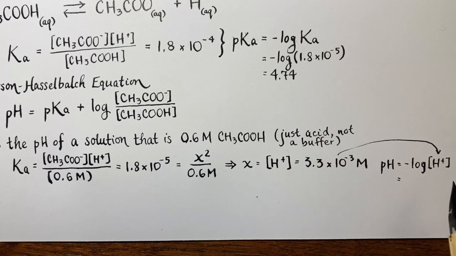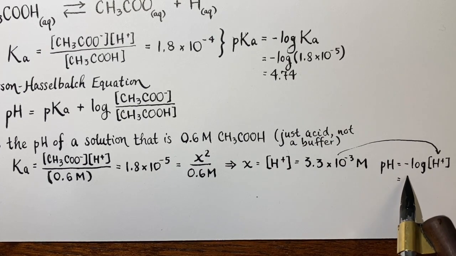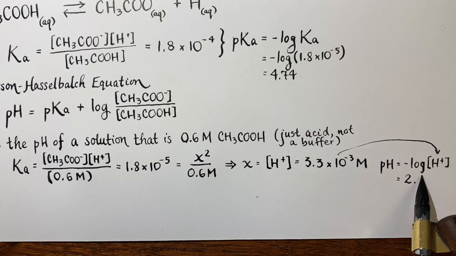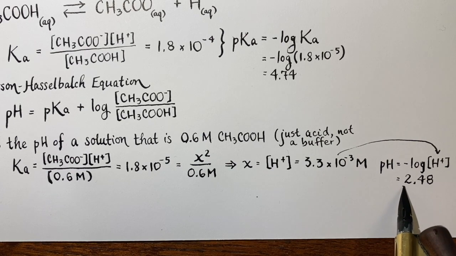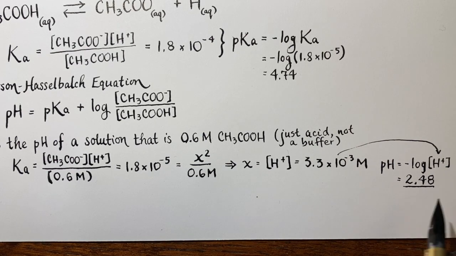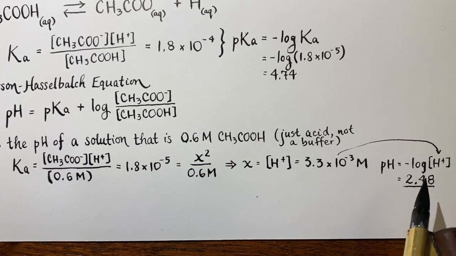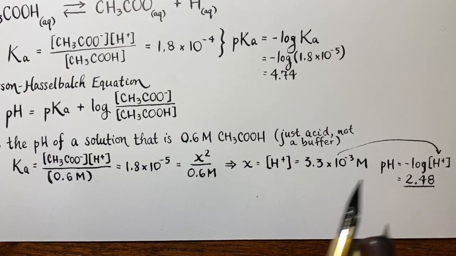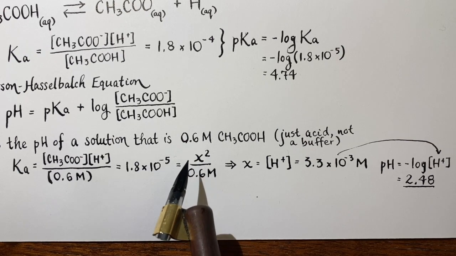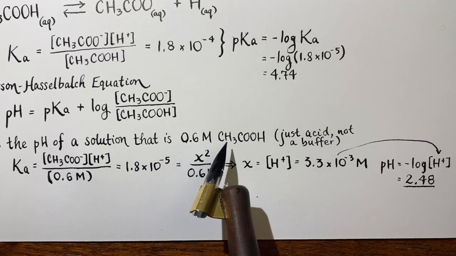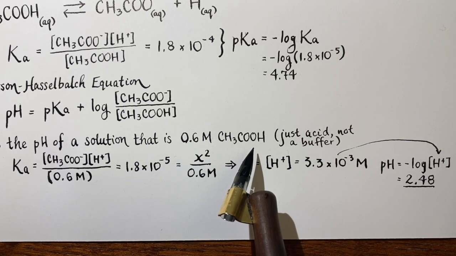And we end up with the pH being 2.48. So this is the pH of our acetic acid solution, of our 0.6 molar acetic acid solution.